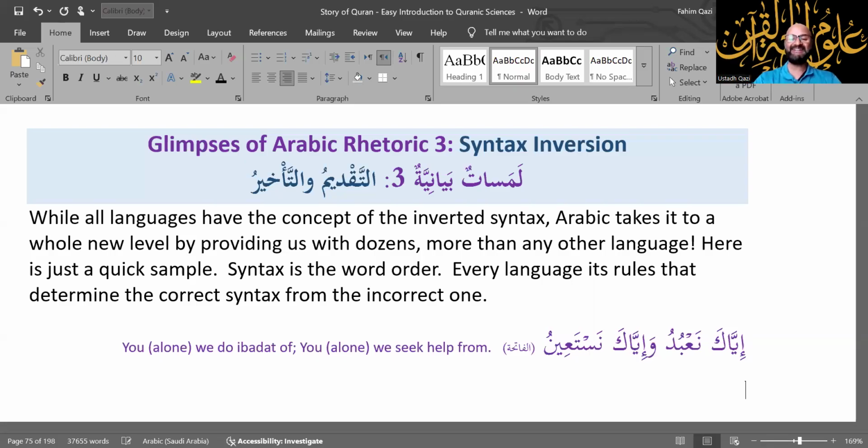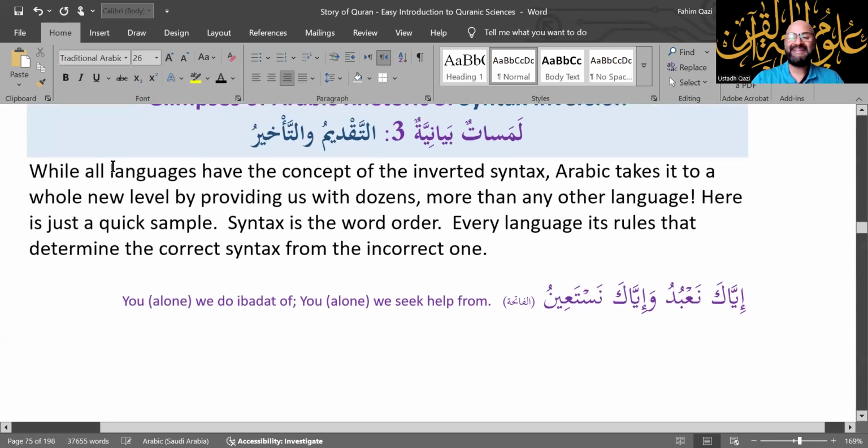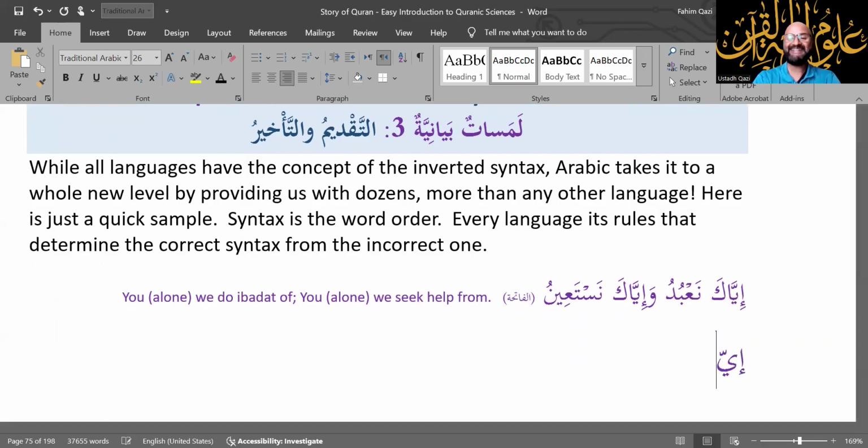He said in the letter, let me write this down here. He said, Iyaka nabghi. You alone we desire. That's how he said it to Khalid ibn al-Walid, the military commander.